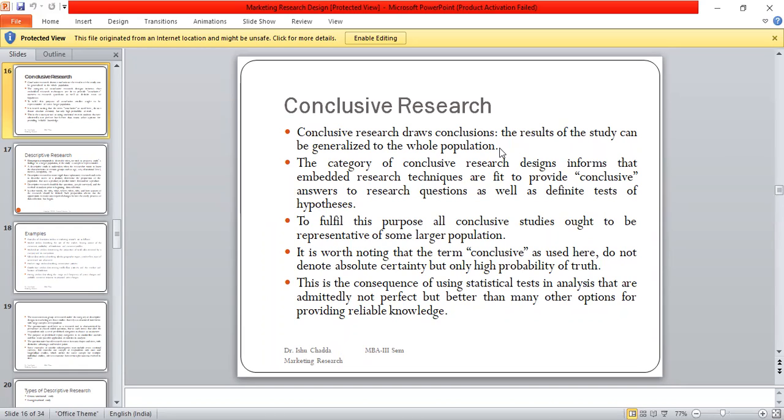This is a consequence of using statistical tests in analysis that are admittedly not perfect but better than many other opinions for providing reliable knowledge. Here you use a number of statistical techniques. These statistical techniques have cons and pros, but you still require them to have reliable knowledge.